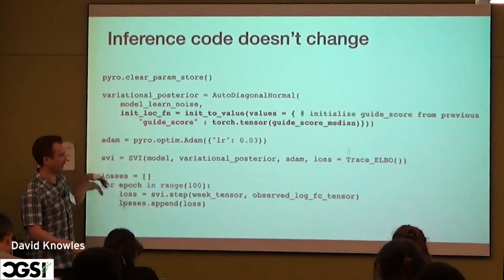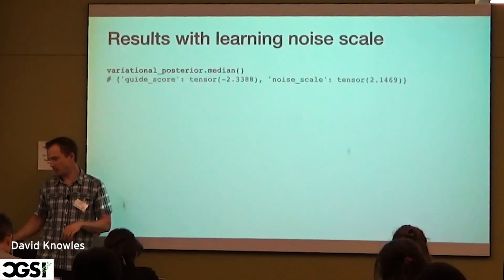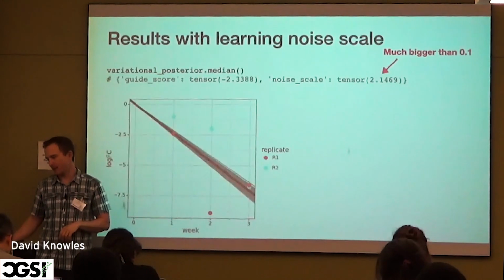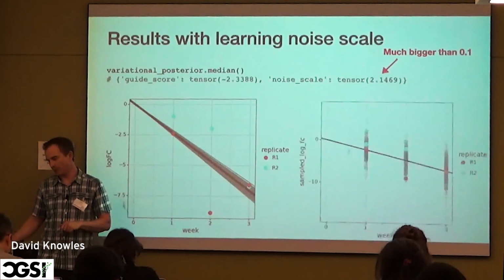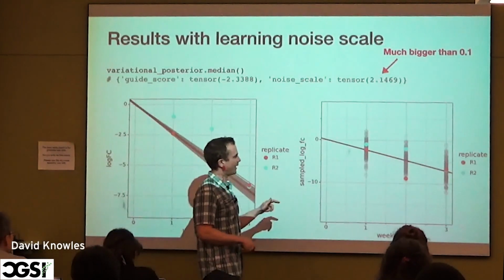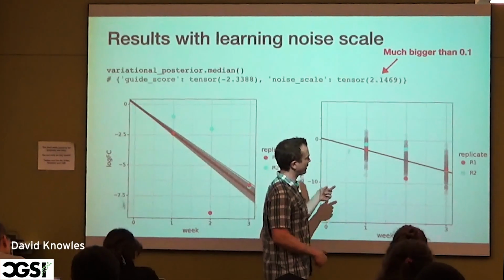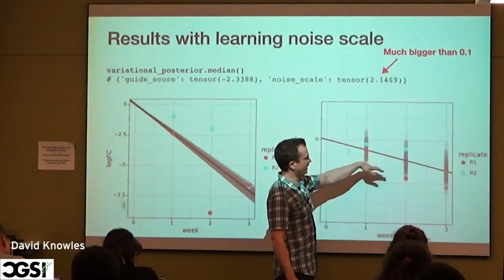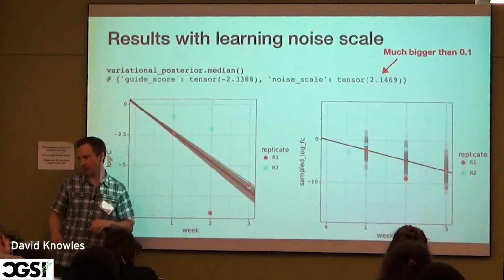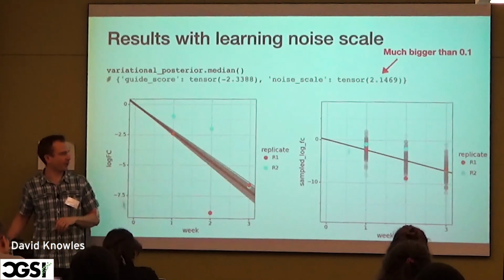The rest of the code is exactly the same. And so we can again extract the estimates from this model. And the nice thing now is that if we simulate data, now that we've learned the noise, we get a spread of data that looks much more reasonable in terms of matching what we see in the true data.